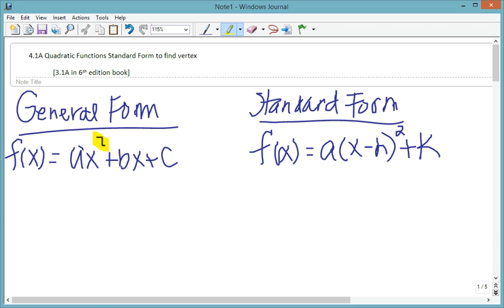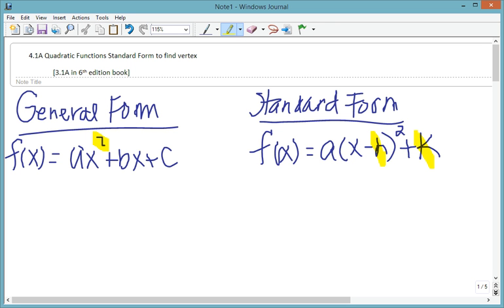Now, we talked about the standard form. We used it, in fact, a few sections ago, and you may recognize that the standard form actually shows us the shift. So if we were going to pick one to graph from, it'd probably be easiest to do the standard form. And it tells us the vertex, right?